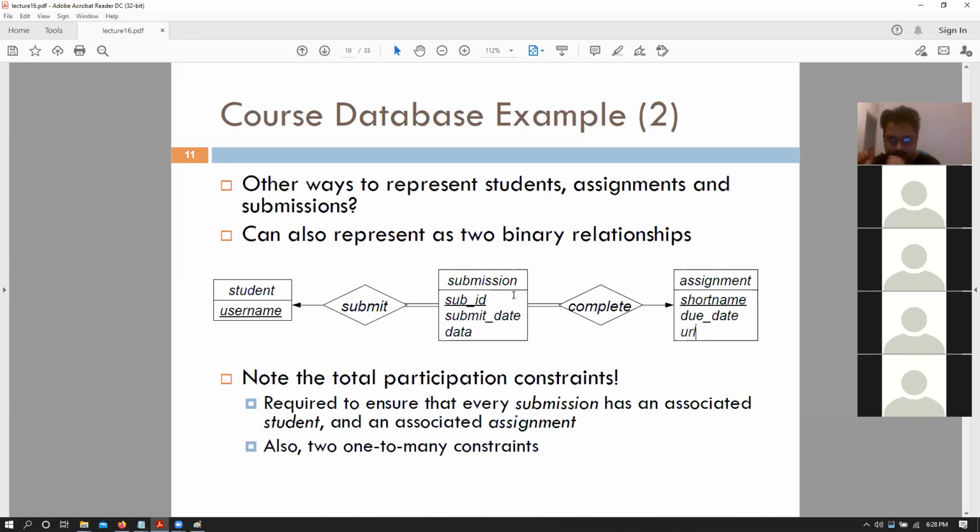Does this ER diagram for the homework submission allow you to submit one particular project per student? Yes or no? Or one particular project as a group submission? Can multiple students have the same submission?